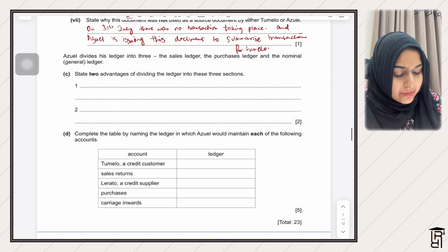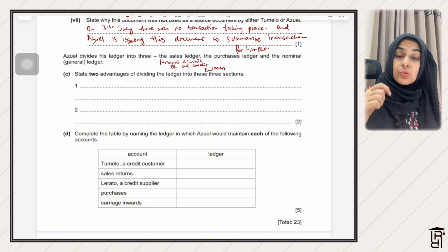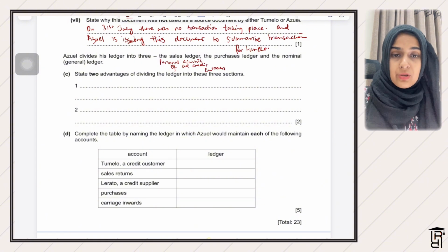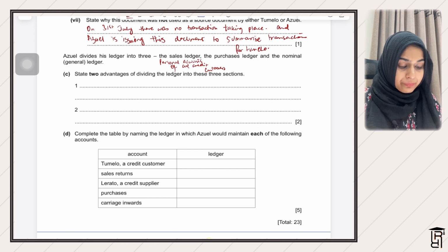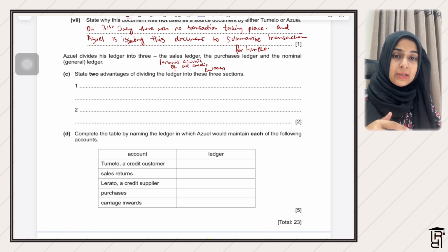There are personal accounts of credit customers in the sales ledger. So personal accounts of all credit customers. My credit customers are those to whom I'm selling goods on credit. So sales ledger will have personal accounts of credit customers. So only personal accounts, the name of every person to whom I'm selling goods on credit.